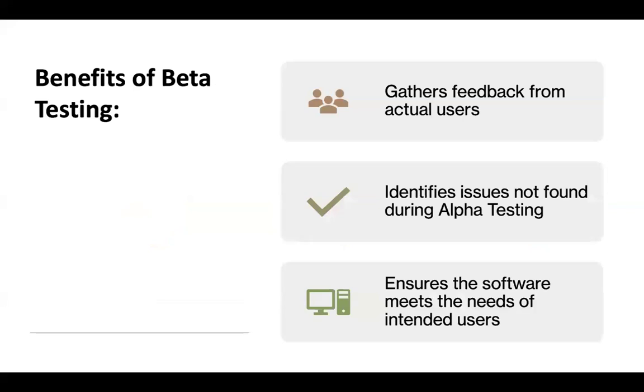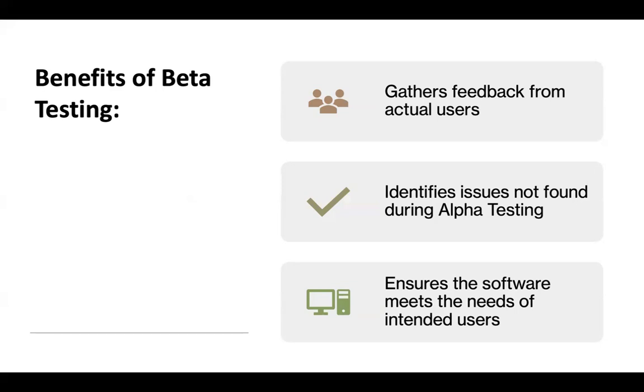Benefits of beta testing. Well, the most important one, we're going to gather the feedback from actual users, from people who are going to use this product in the future once it goes into the market. So people are going to give us some feedback. We're going to look at it, we're going to evaluate that feedback, and we're going to make necessary changes to our software based on that feedback. It's going to identify all of the issues that have not been found during alpha testing.